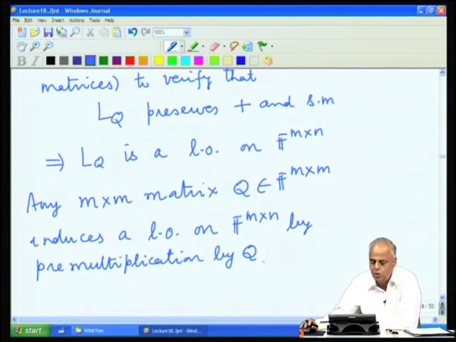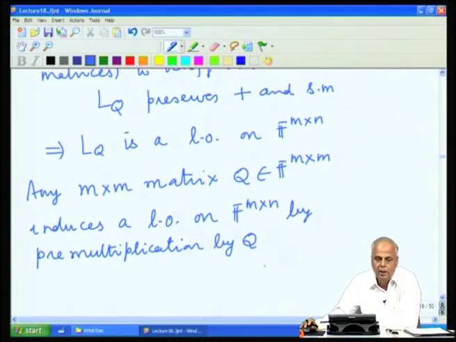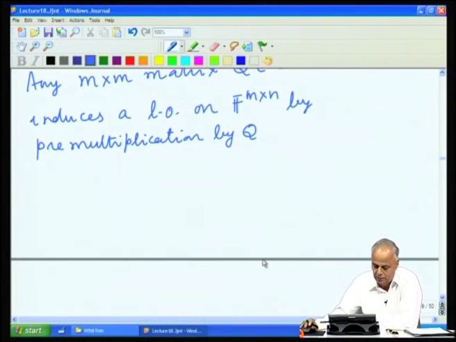Now, if we want to post multiply, since we are dealing with m by n matrices, we have to take n by n matrices.